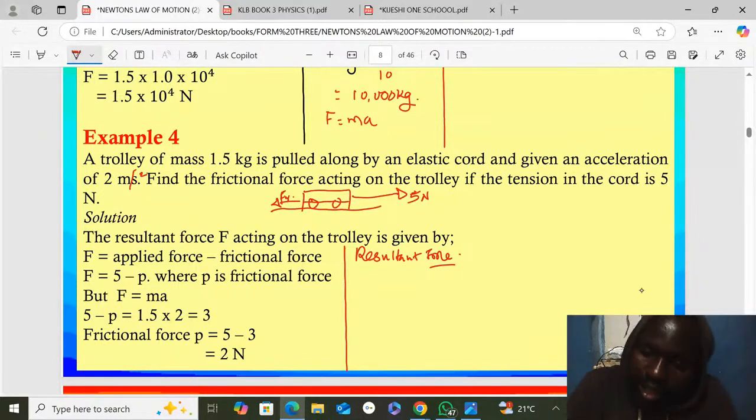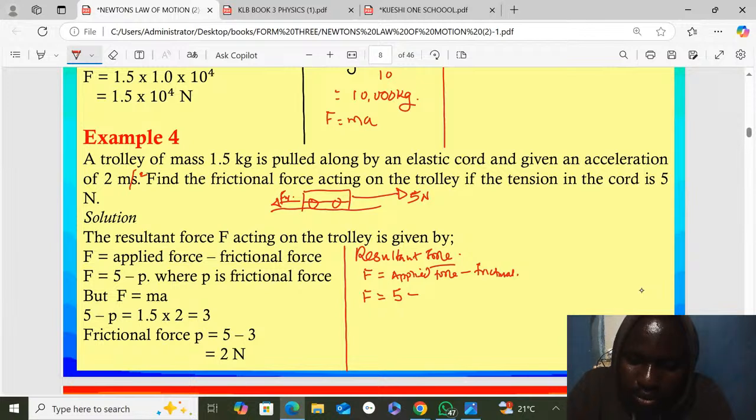Therefore, we say that it is given by resultant force F is the same as the applied force minus the frictional force. And therefore, F will be given by applied force, the tension of the cord, which is 5 newtons, minus frictional force.